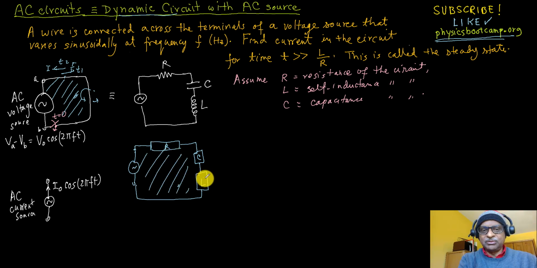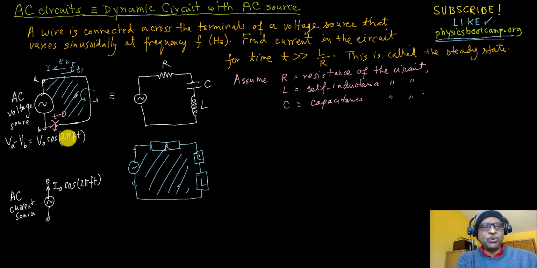So the self-inductance of this is the only one we would take into account, and same for capacitance here. But even for a circuit, you are going to have resistance, capacitance, and inductance.